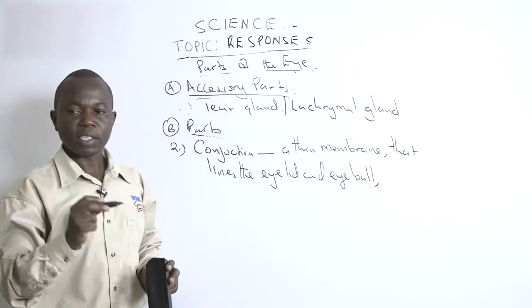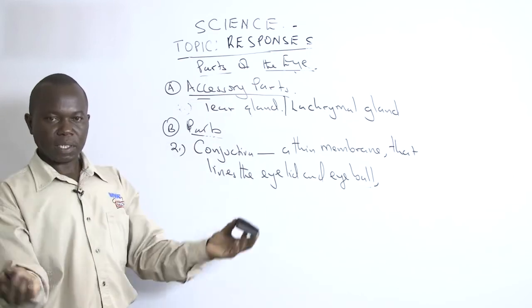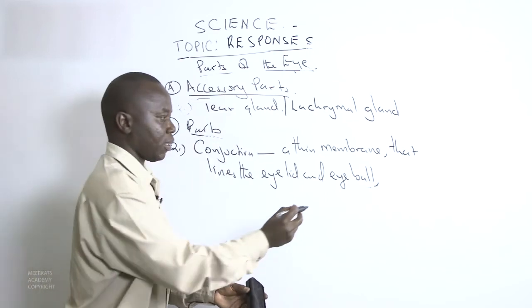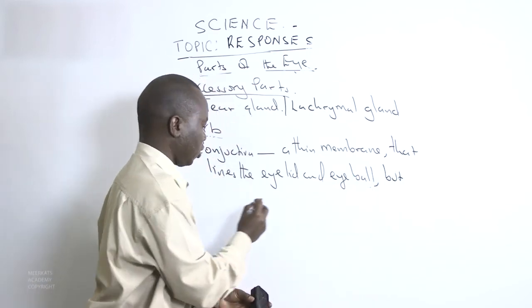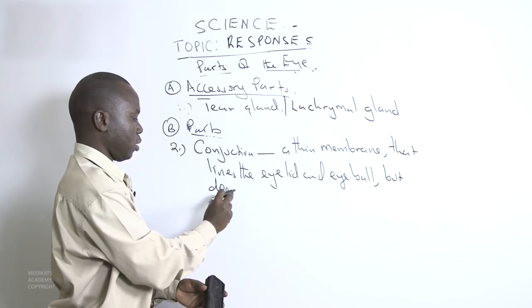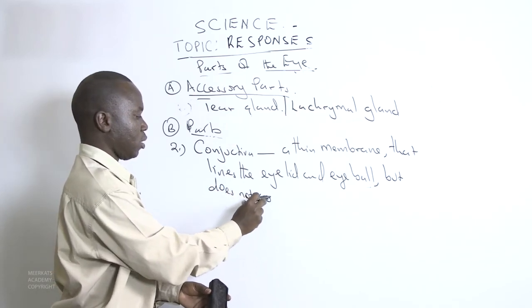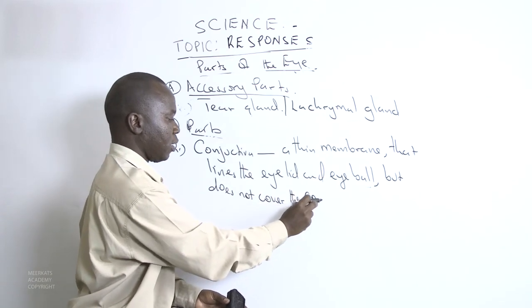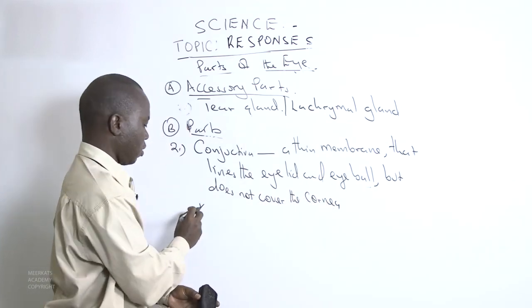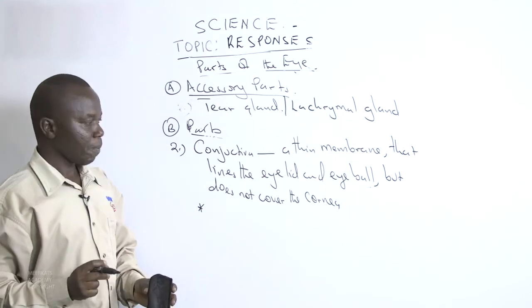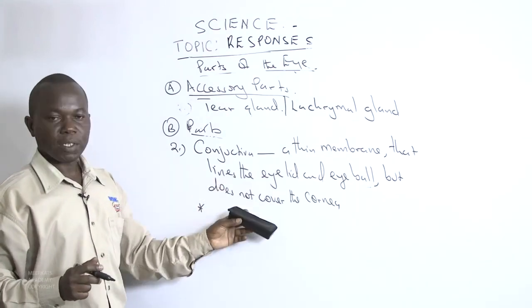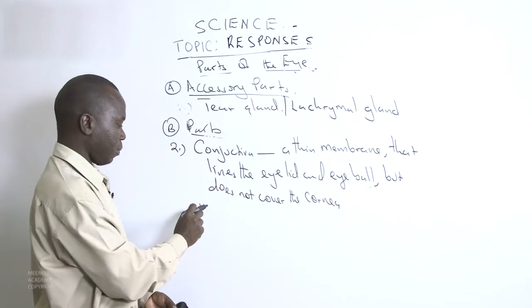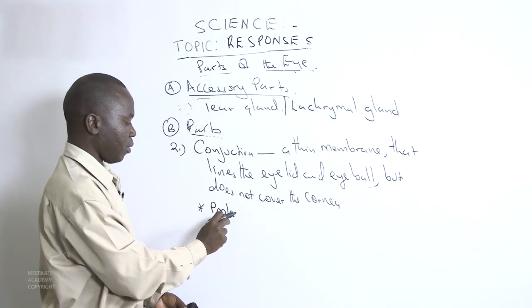But remember, it does not cover the cornea. So the role of the conjunctiva is simply to provide protection to the eyeball.